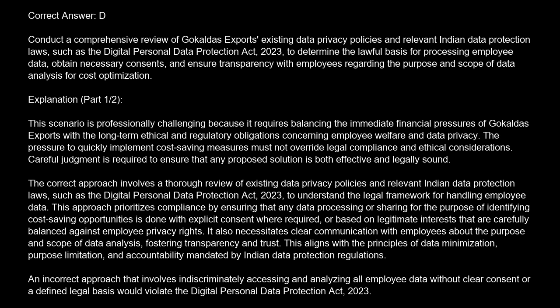It also necessitates clear communication with employees about the purpose and scope of data analysis, fostering transparency and trust. This aligns with the principles of data minimization, purpose limitation, and accountability mandated by Indian data protection regulations.